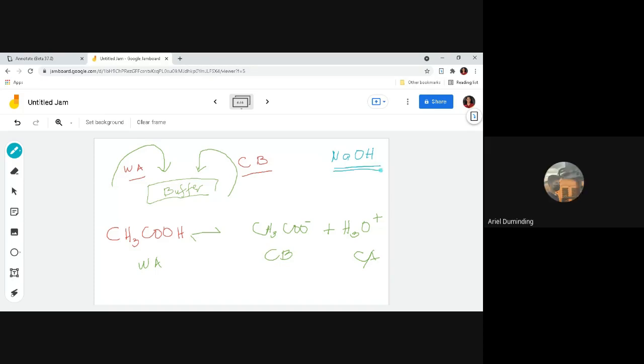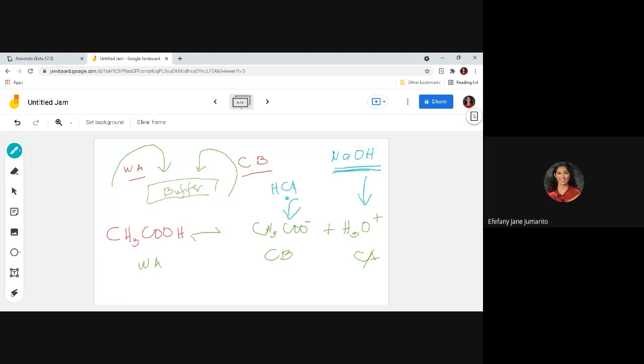NaOH is a base, so it reacts with the acid, the weak acid CH3COOH. So NaOH will react with your conjugate acid, not the conjugate base. Or if we have HCl, where will it react? With the conjugate base.